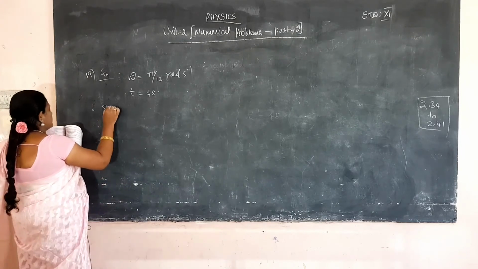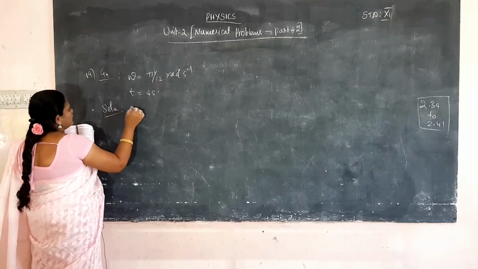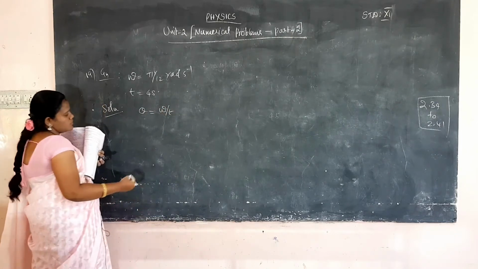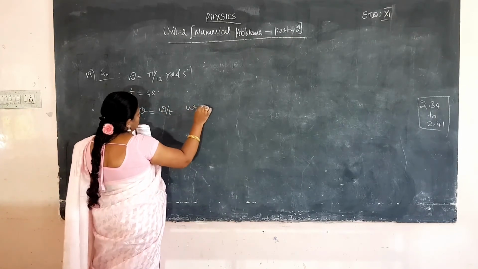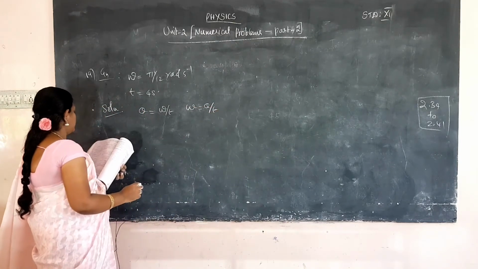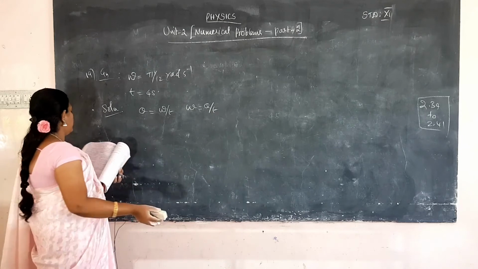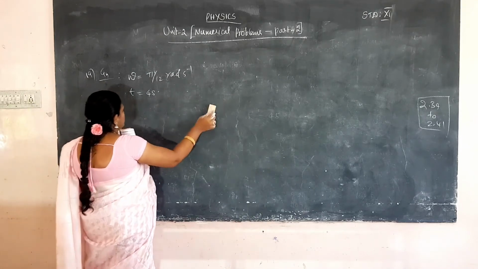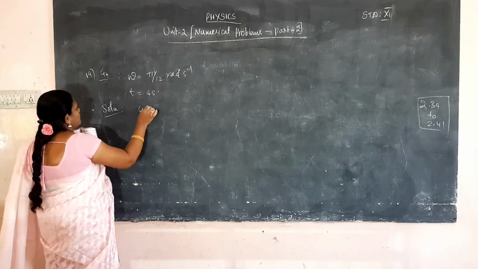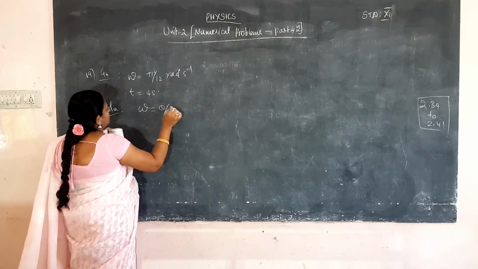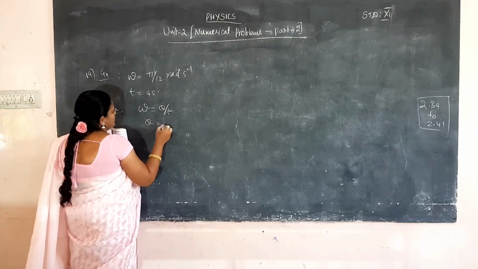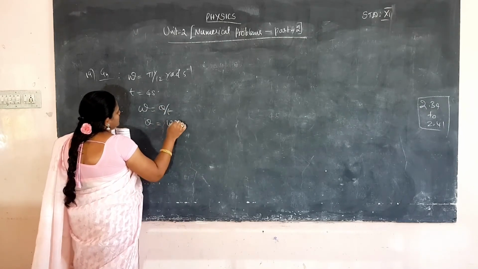Solution: angular velocity omega is equal to angular displacement by time. Now we want angular displacement, so theta is equal to angular velocity into time.